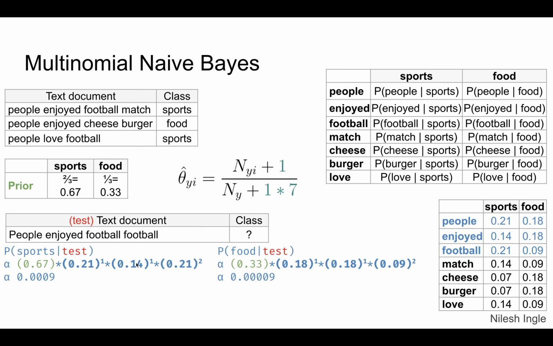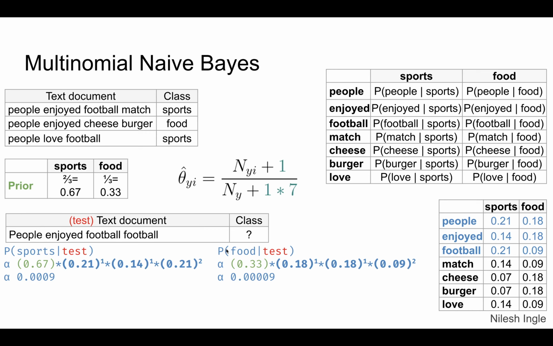Then we have 0.14 raised to power 1 for the word enjoyed, and for football we have 2 football words, and so we have 0.21 that comes from here raised to power 2, and so the value is 0.0009. And instead of equal to we have a proportional sign here because we are calculating the posterior probability given the test.